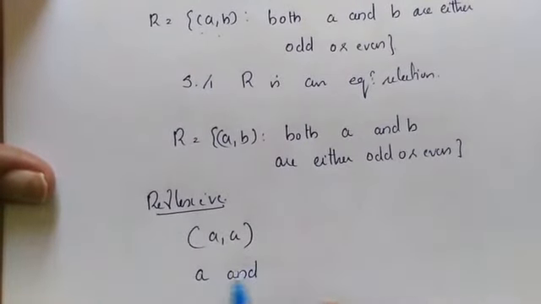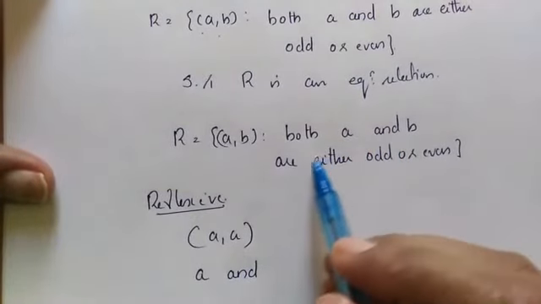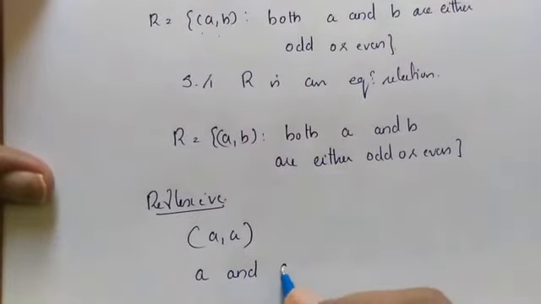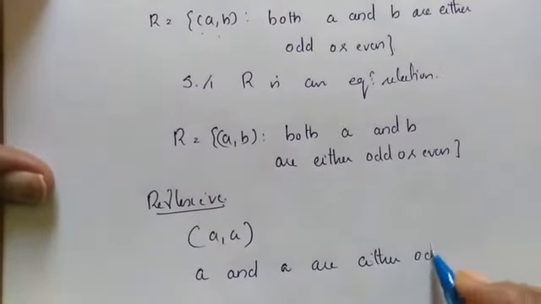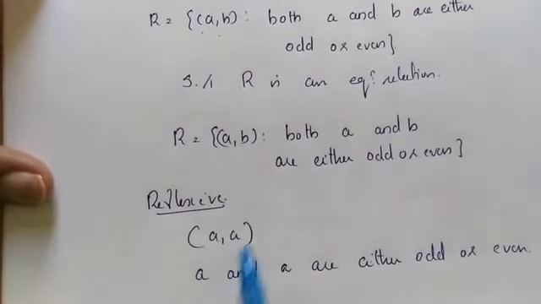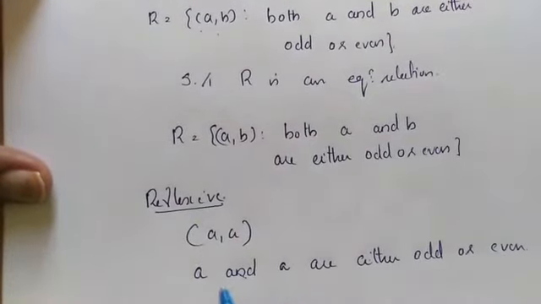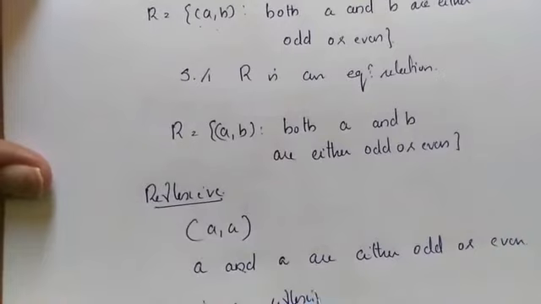According to the definition, a and a are either odd or even. Here the condition will be satisfied because the numbers a and a will be either odd or even. Hence it is a reflexive relation.